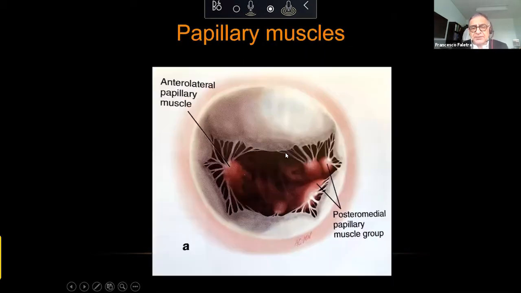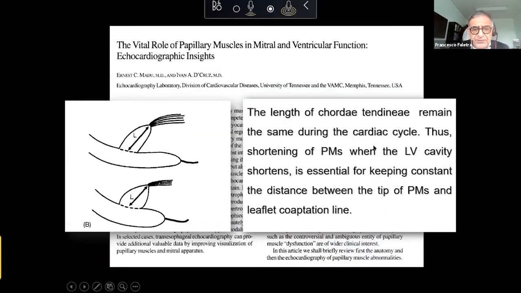Finally, the papillary muscle. We have two groups of papillary muscle in the mitral valve, one anterolateral papillary muscle and one posteromedial papillary muscle. What is the role of the papillary muscle? Well, the papillary muscle shortens more than it becomes thicker, because the length of the chordae tendineae is the same during the cardiac cycle.